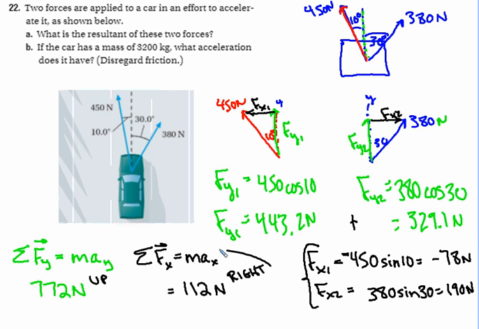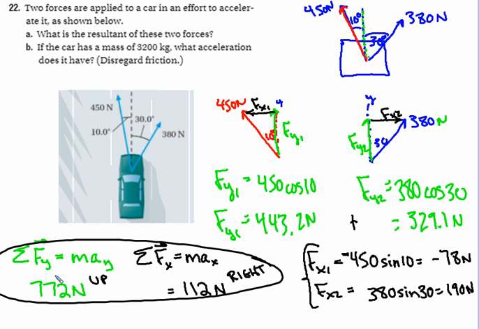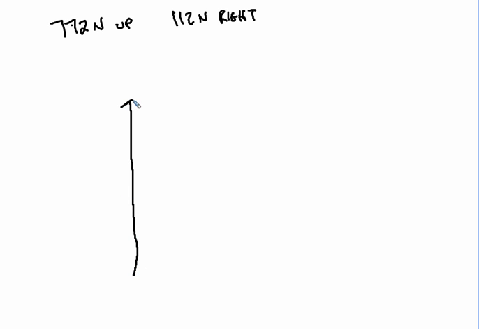I'm going to take this information and take it to a new screen, 772 and 112. 772 up, 112 to the right. And what does that look like? So most of the force pointing upwards, 772 newtons.